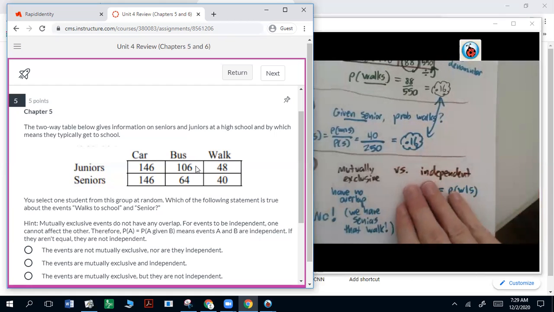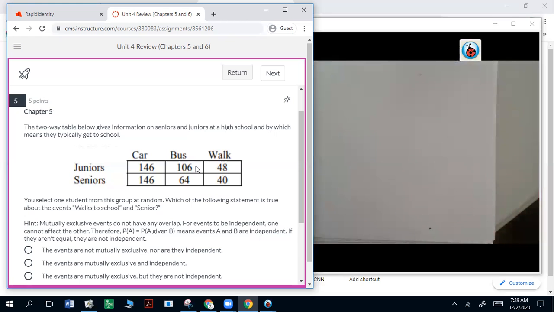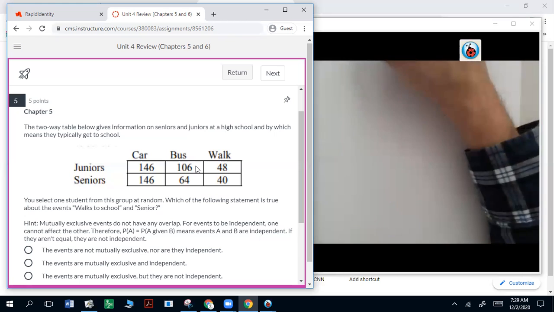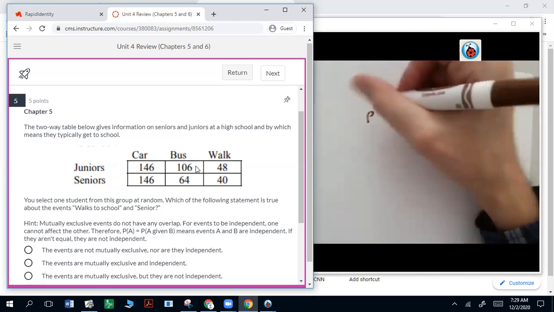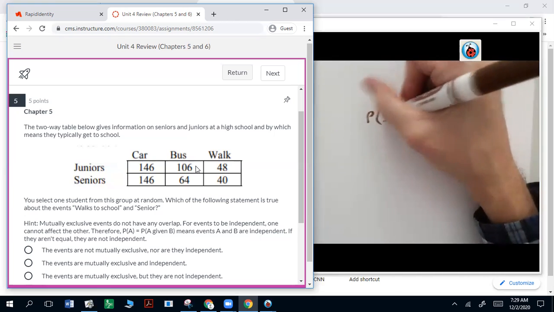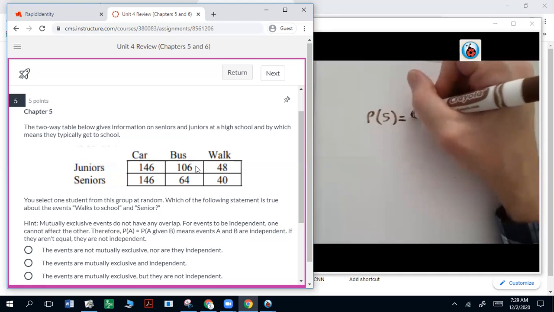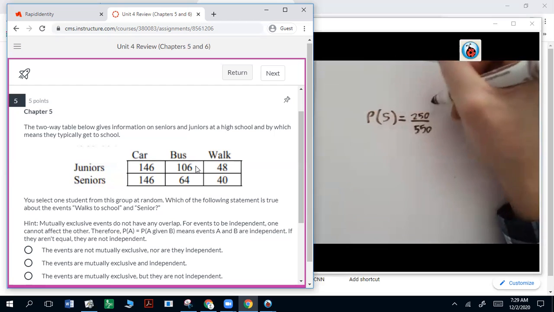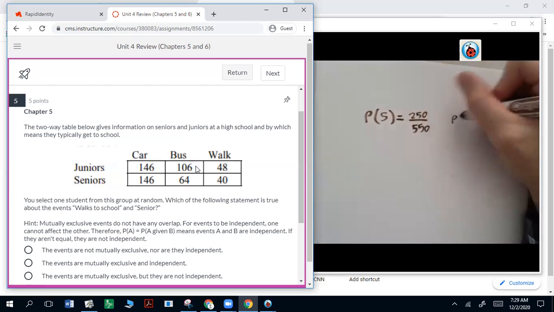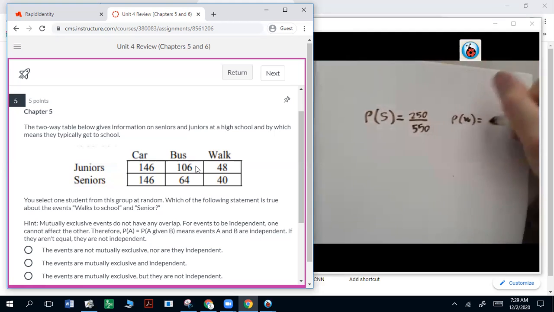Let me do this on a separate page. So the probability of a senior is 250 out of 550, right? There are 250 seniors in 550. The probability of walking, that's 88 out of 550.